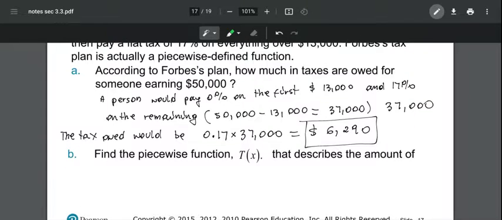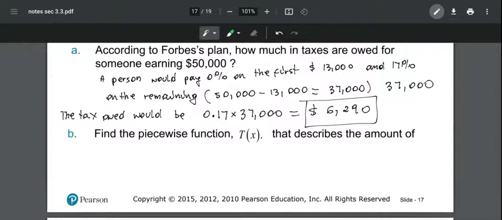Now, for part B, they are asking to find the piecewise function t of x that describes the amount. Okay. So the piecewise defined function for this plan will be, so t of x represents here, x represents dollars earned.